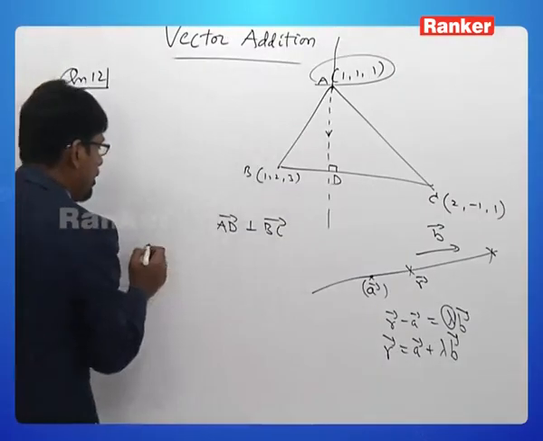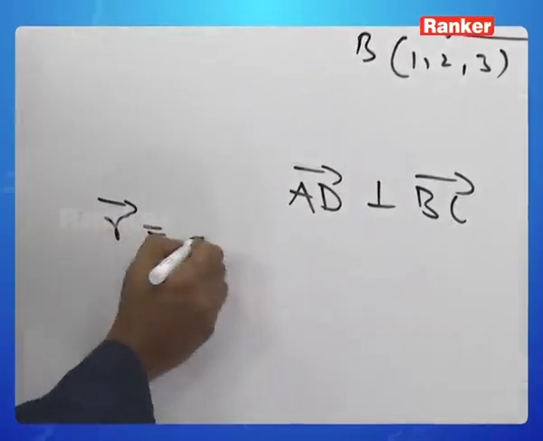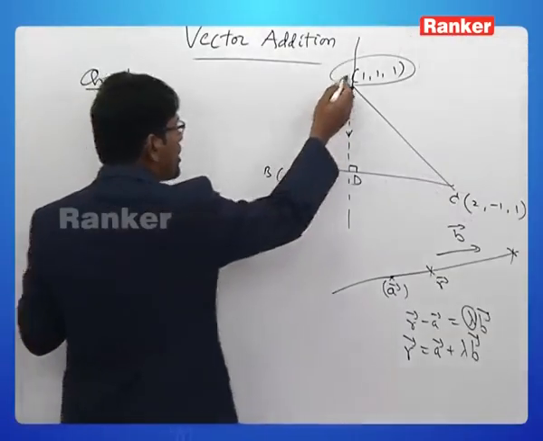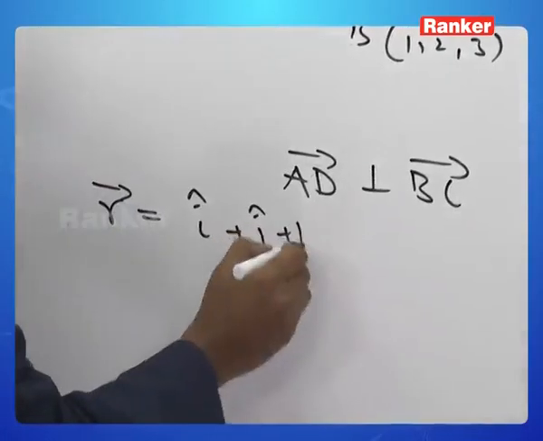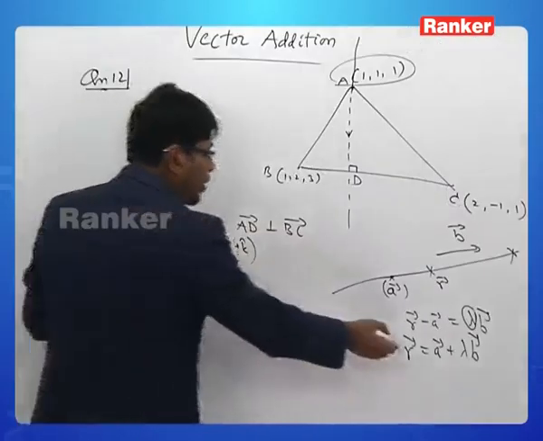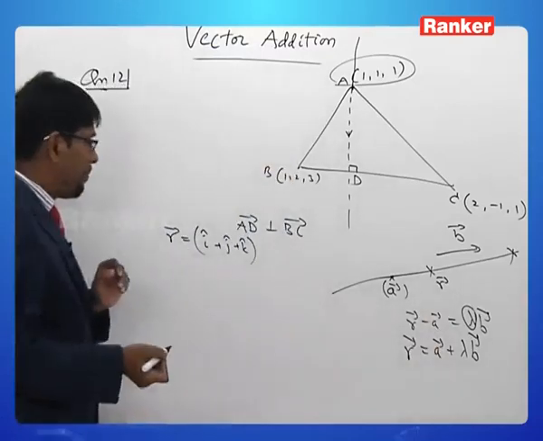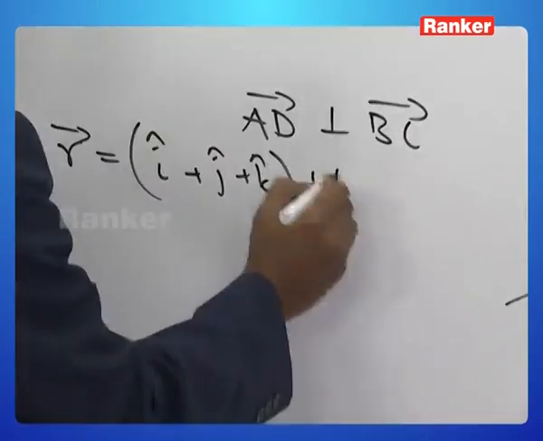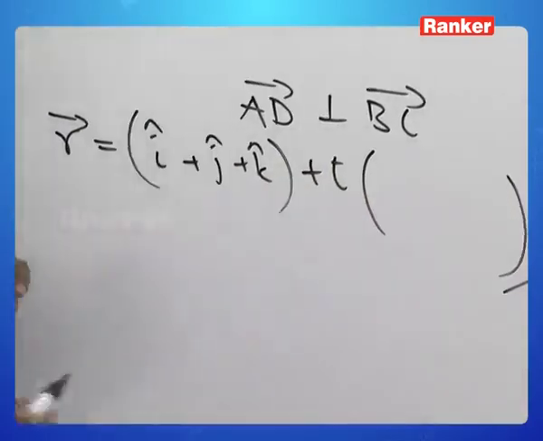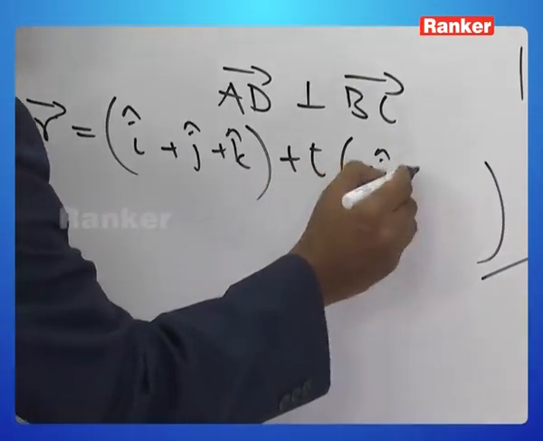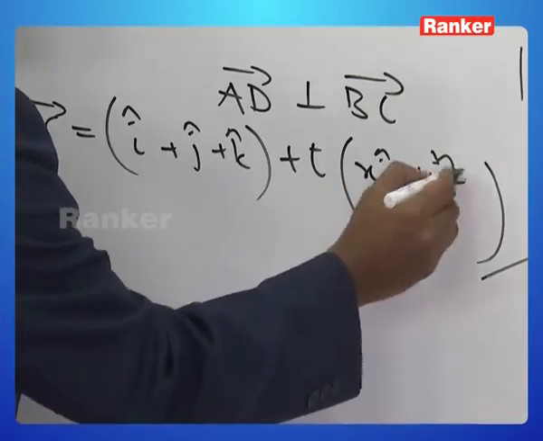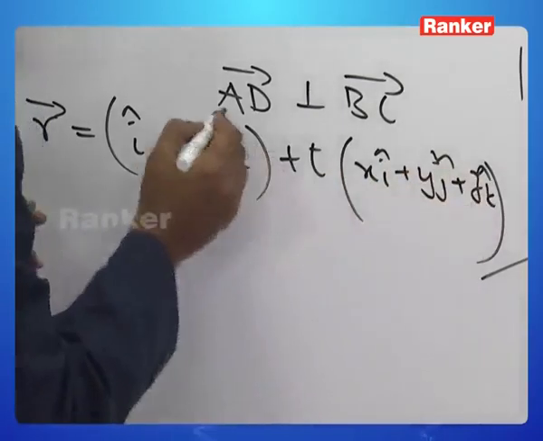The line AD must be in the form r bar equals the position vector of one of the points we know, i plus j plus k, that is playing the role of A bar, plus some parameter t times the vector xi plus yj plus zk, which is along AD.